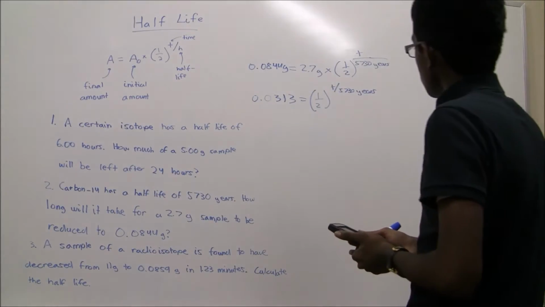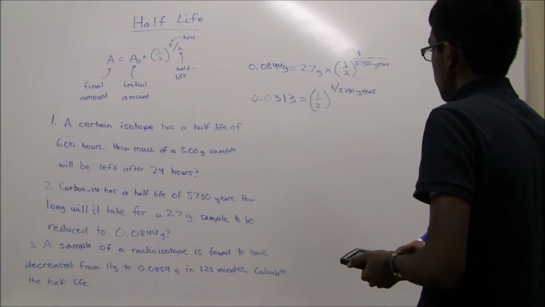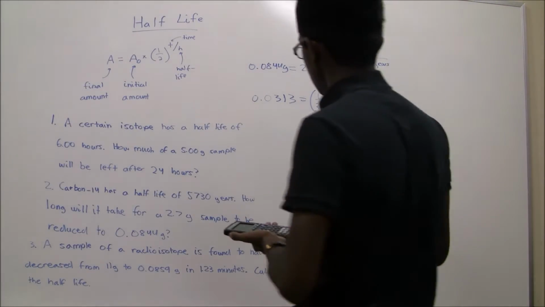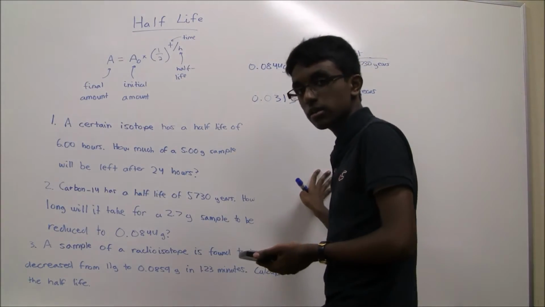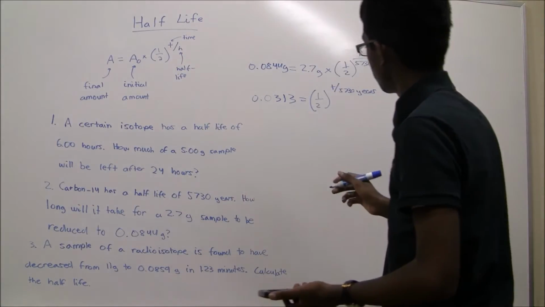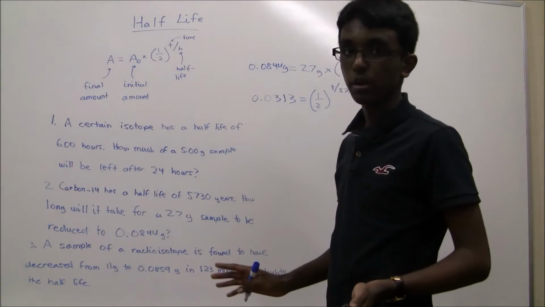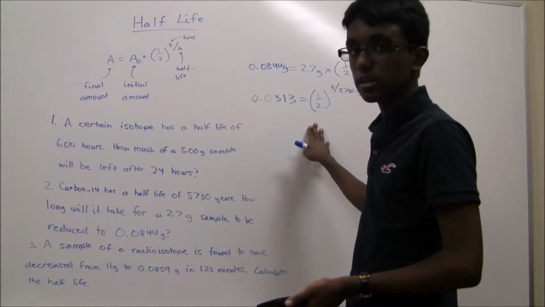Now at this point, what I would recommend is using natural logs. I don't know if your chemistry teacher will go ahead and teach you how to use natural logs, but that's the way I'm going to do it. It's really simple. Even if you don't know what the natural log is, or you don't know anything about logarithms, it really helps for these type of problems.